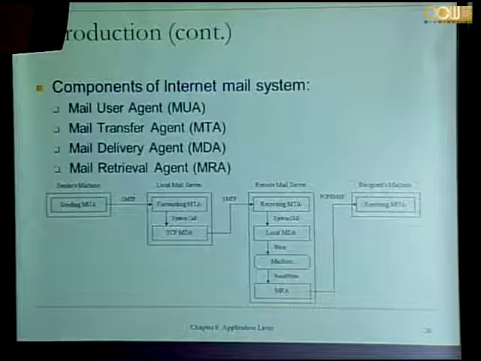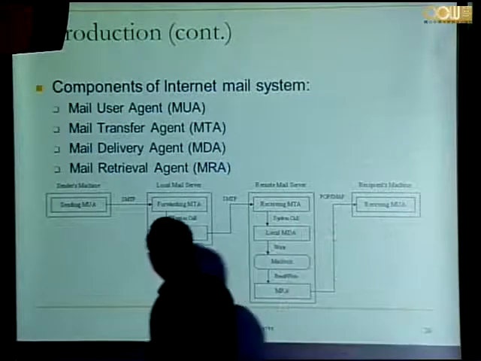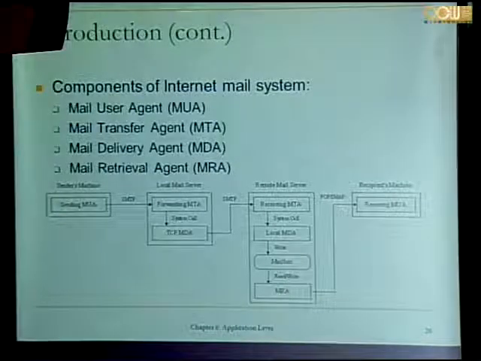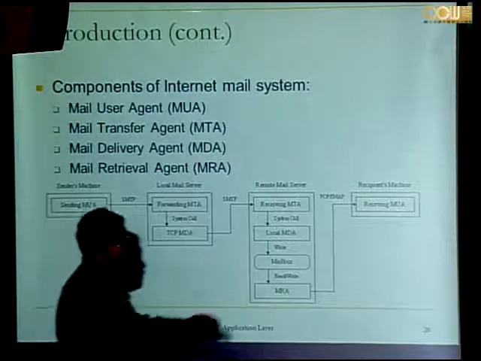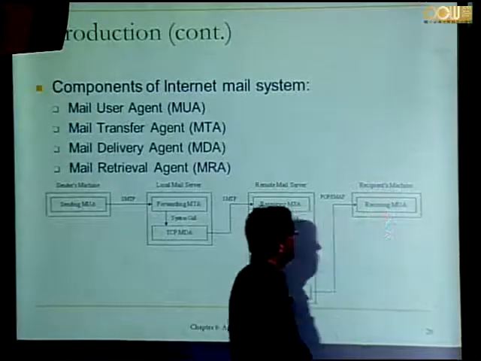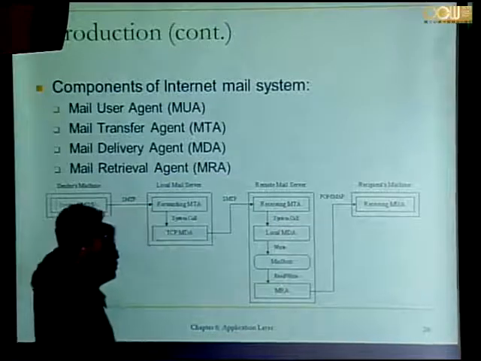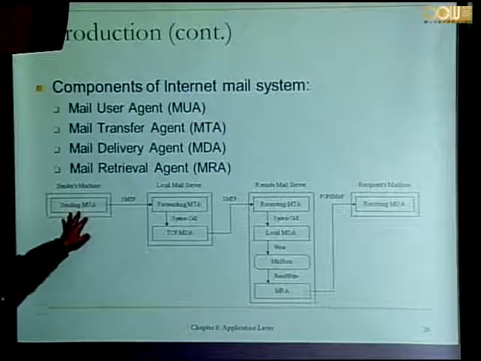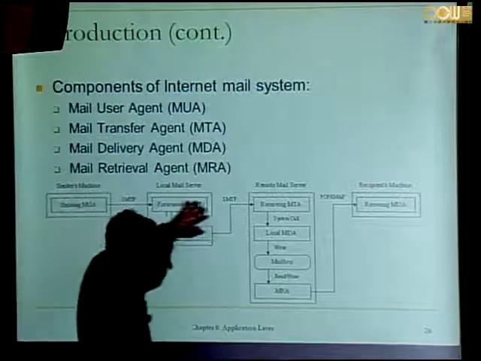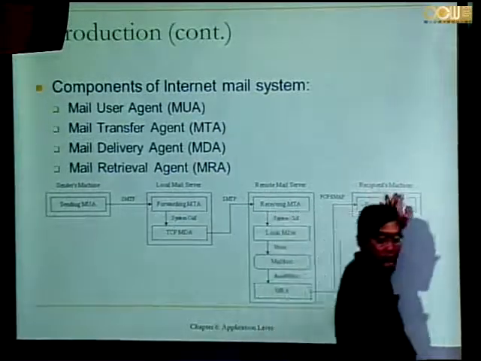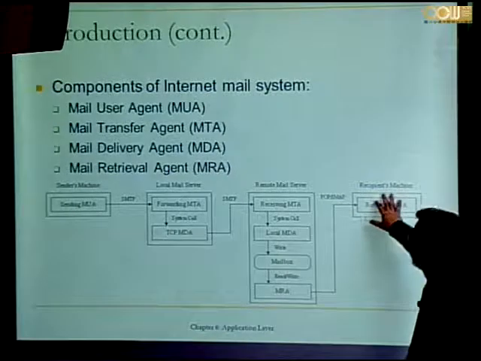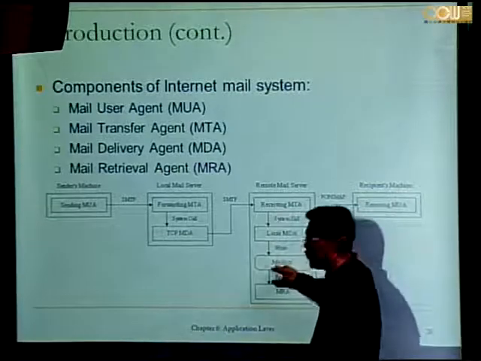Okay. So what is the process of sending and receiving a mail? This is from the sender side and the recipient side. You are sending a mail to your friend, but actually when you send a mail, you don't send it through the network and reach your friend directly. The mail will be stored in the mailbox.